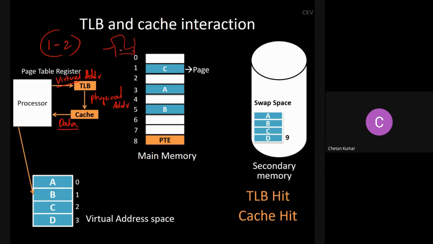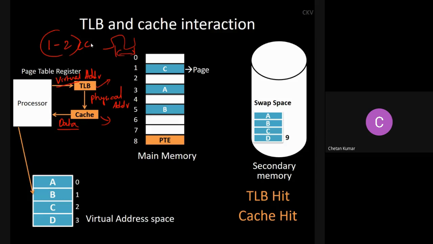That's a more ideal case. If you want to design this, the TLB access should happen in half a clock cycle, and the cache access should happen in another half clock cycle. So the range is 1 to 2 clock cycles, and you will end up with either 1 clock cycle or 2 clock cycles. So this is the best case scenario.